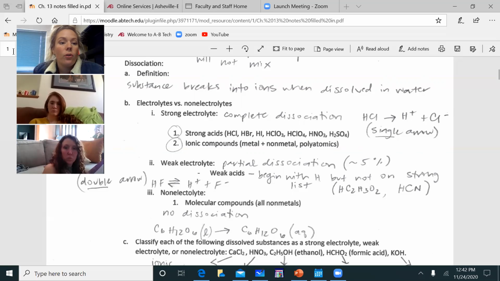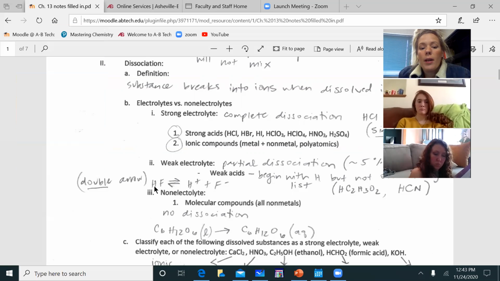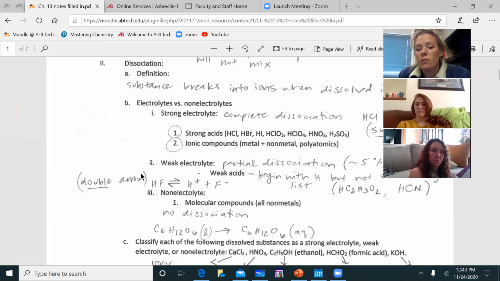So HF will break apart into its ions, H plus and F minus, but there also will be a certain percentage of recombination. The H and the F will come back together to form the molecule. When we have it in this form, the charges are neutralizing each other, so we don't have any electrolyte properties.